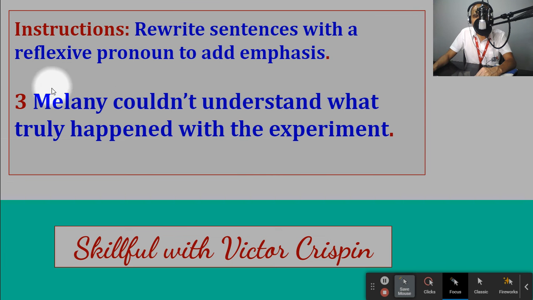We have to take into account that the subject is Melanie. So I'm going to give you 20 seconds to analyze, think, and decide what the reflexive pronoun could be in order to rewrite this sentence.